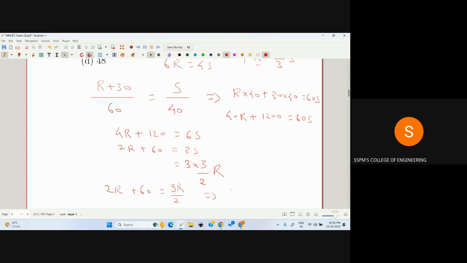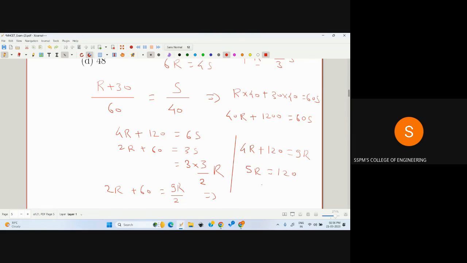Again simplify it. You take 2 to the left hand side, it becomes 4R plus 120 is equal to 9R. Then take 4R to the right hand side, it becomes 9 minus 4 is 5. 5R is equal to 120.